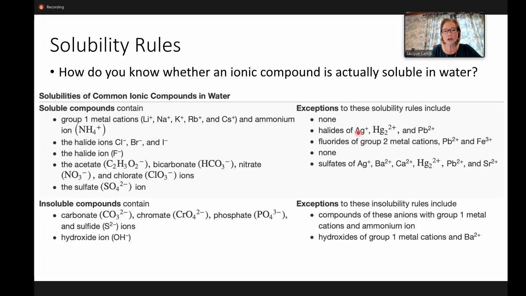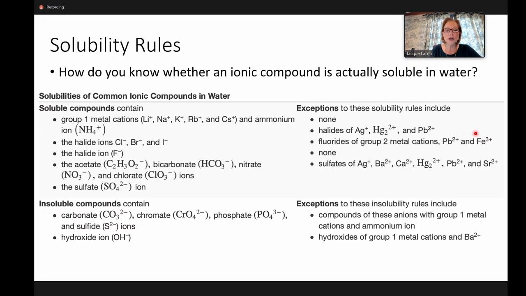The chloride, bromide, and iodide salts of silver, mercury 1, and lead 2 are insoluble. The halide ion salts containing F minus, those are going to be soluble. The exceptions are group 2 metal cations plus lead and iron 3 plus.